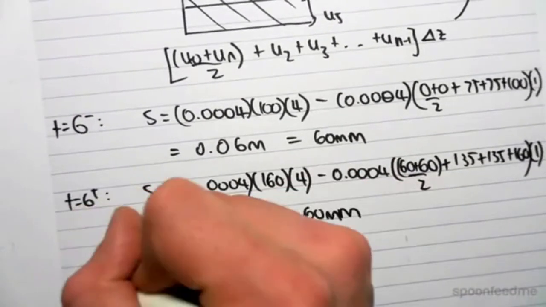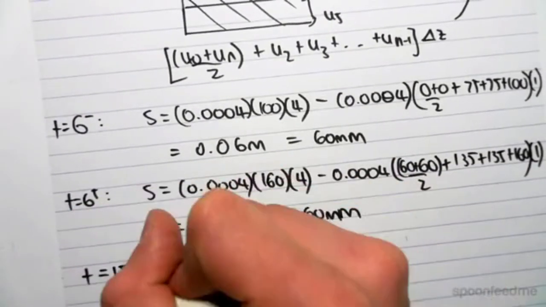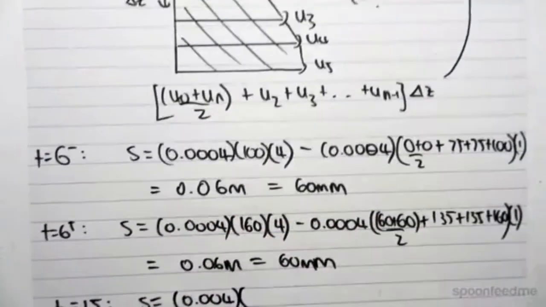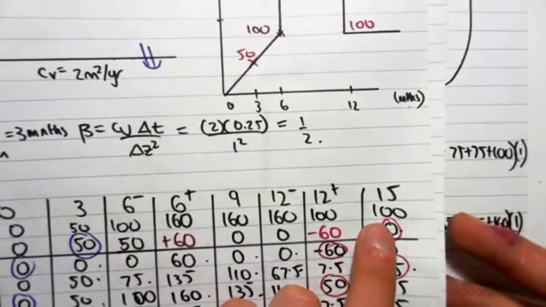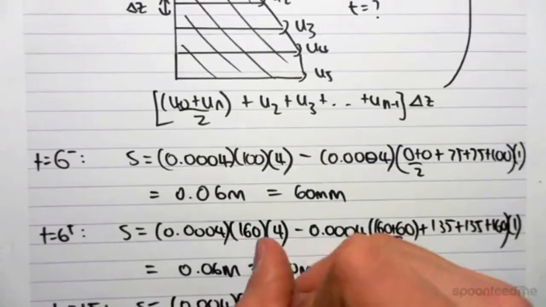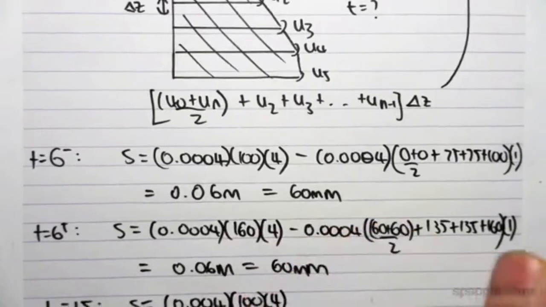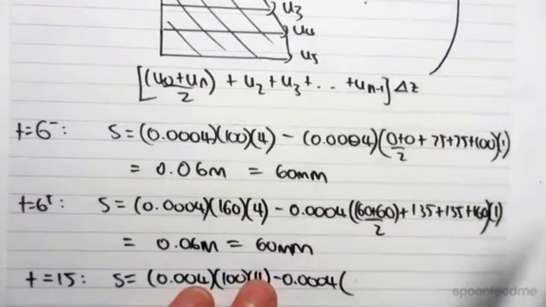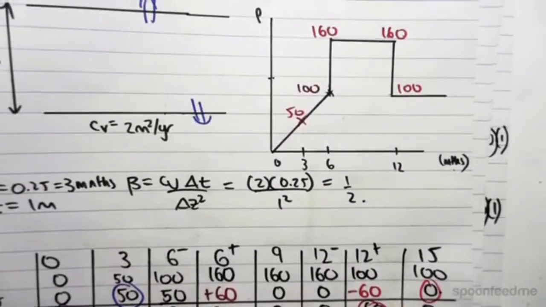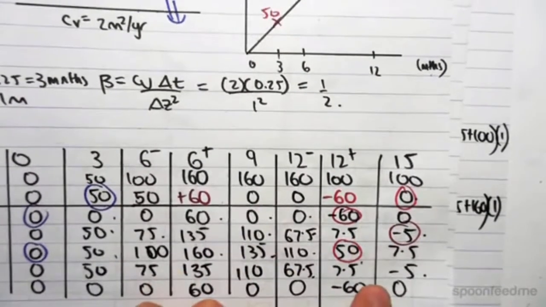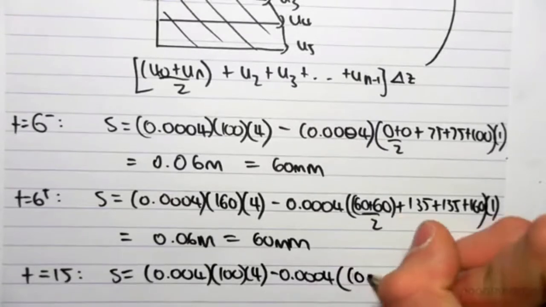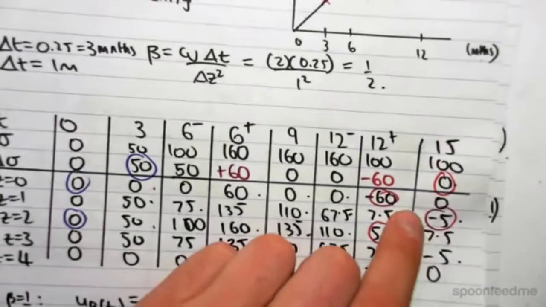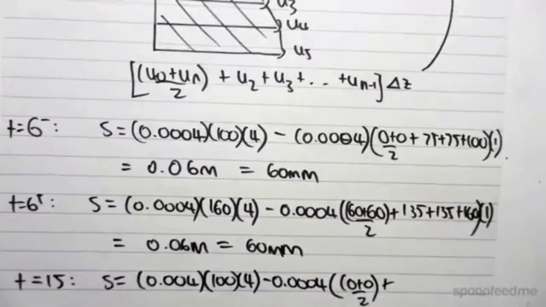If we were to do just one more, time equals 15, at the point 15, the settlement would equal mv. The applied stress at 15 is 100 times by the layer thickness minus 0.0004 outside of the initial, so 0 and the final, so 0 and 0, so 0 plus 0 on 2 plus the remainder, so minus 5 plus 7.5 minus 5.